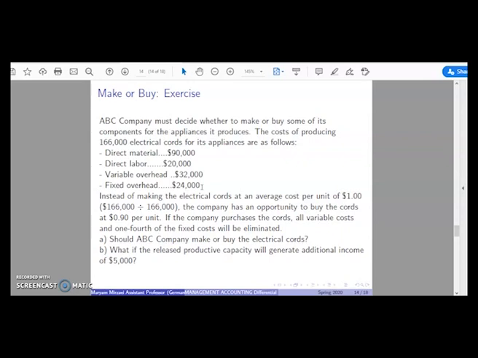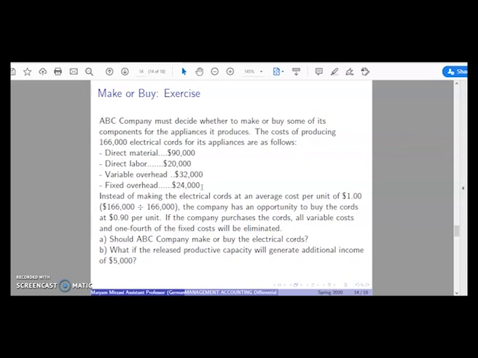So A, should ABC company make or buy the electrical cords? And B, what if the released productive capacity will generate additional income of 5,000?